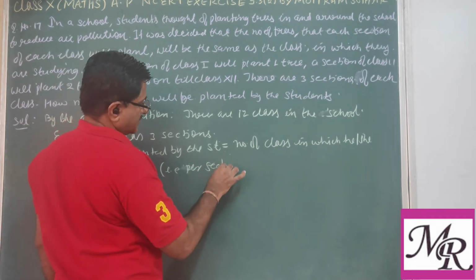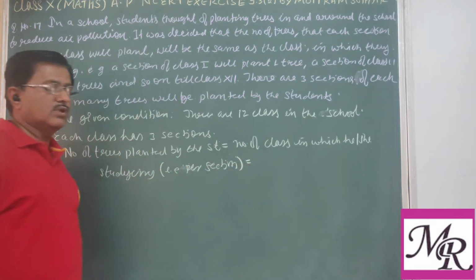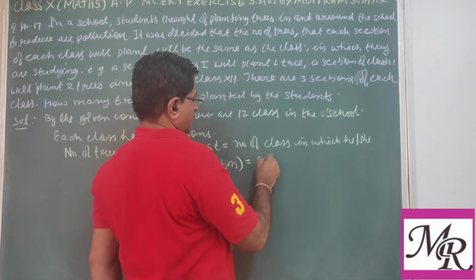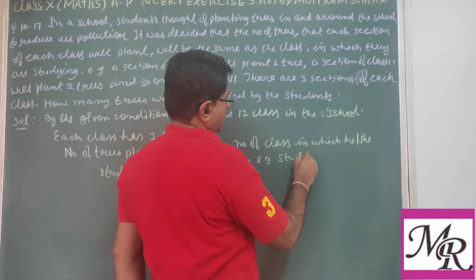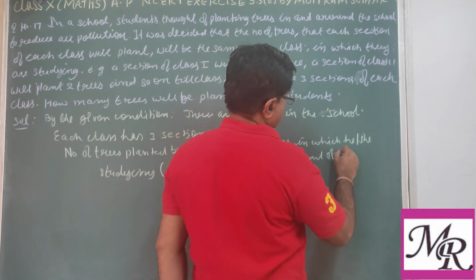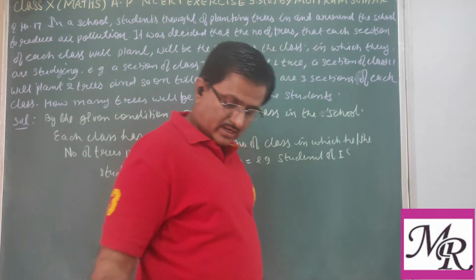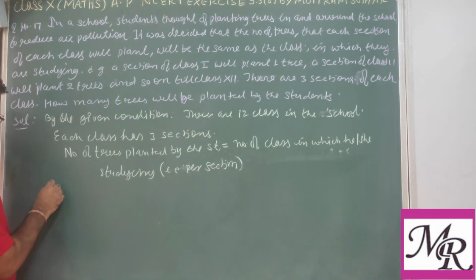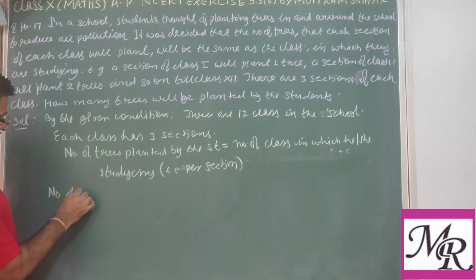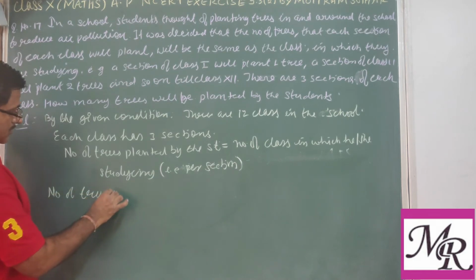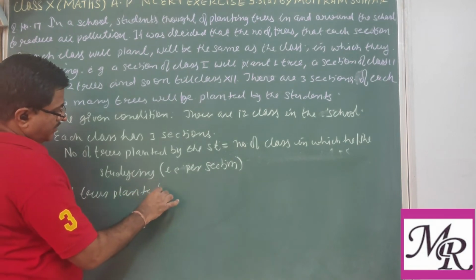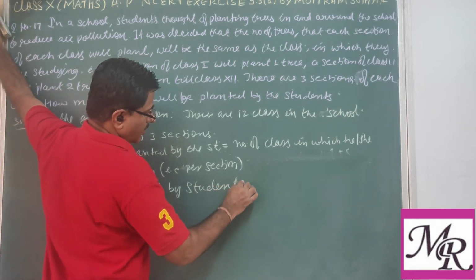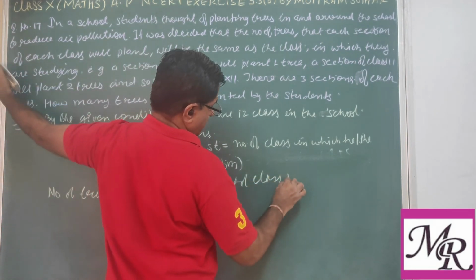Like we can say, for example, a student of first class. We may write here more clearly: number of trees planted by students of class 1.